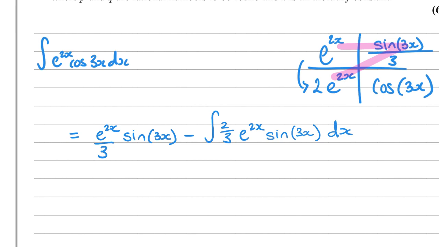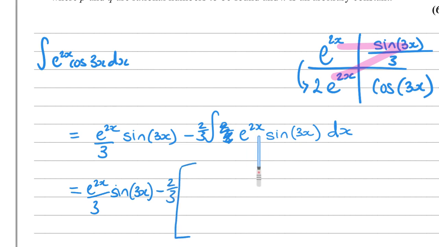Okay, now in these types of questions, to make everyone's life easier, I'm going to take out the 2 over 3. So this now becomes here. Okay? Right, so now I'm going to have equals e to the 2x over 3 sine 3x minus 2/3 lots of.